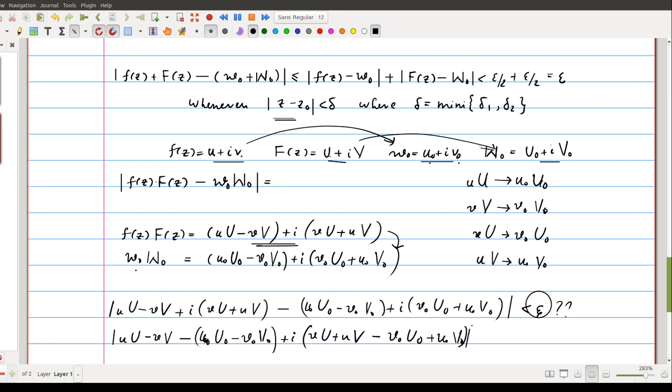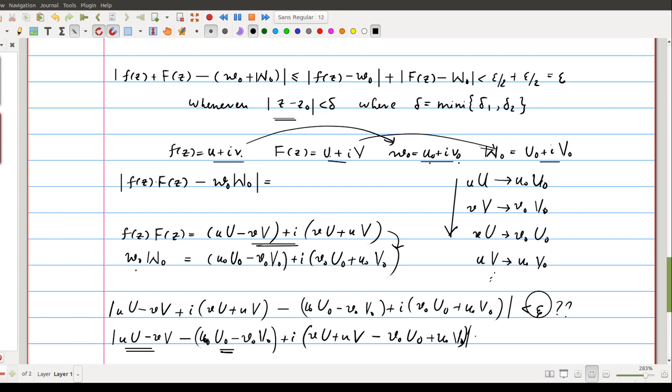Also, we know that this thing converges to this because of these things. We know that u tends to u naught, capital U tends to capital U naught, v tends to v naught, capital V tends to capital V naught. So applying these limits here, we can say that this modulus can be made less than epsilon by 2.